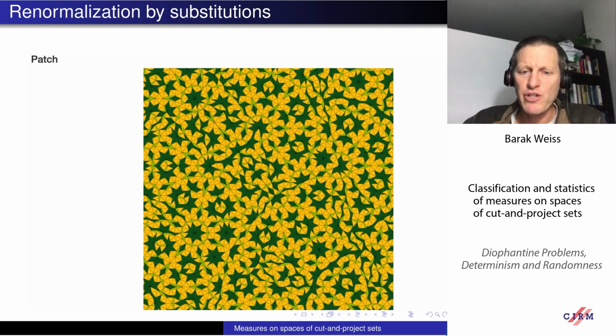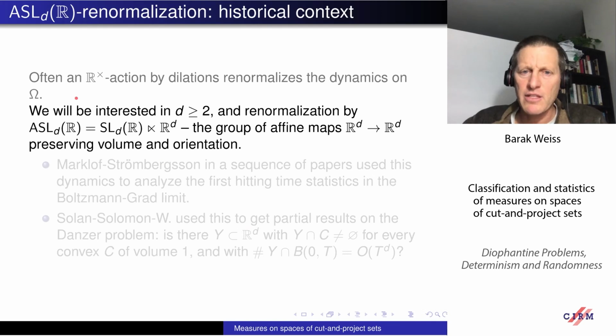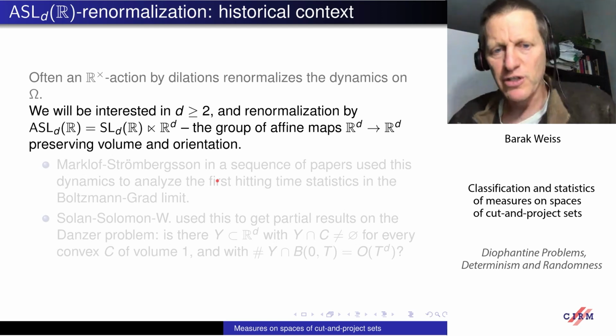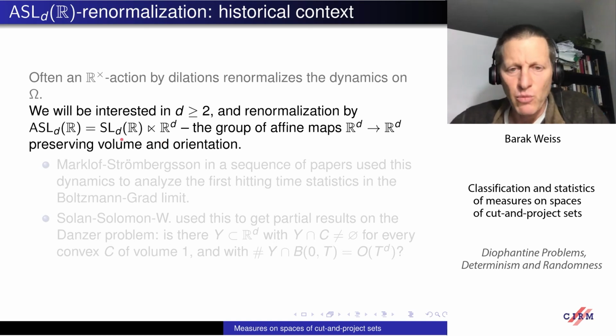But for cut-and-project sets, we do something else. And this is the ASL_d(R) renormalization. So as I said, ASL_d(R) is the semidirect product of SL_d(R), the determinant one linear transformations of R^d, and the translations of R^d.